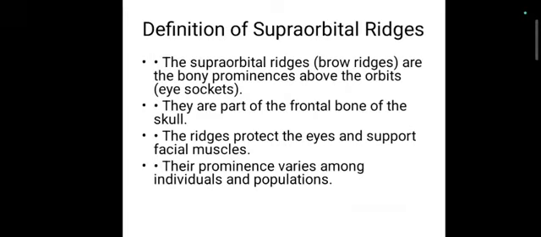So now we saw what supraorbital ridges are, where they are located, and why they come in forensic anthropology, because they are useful for identification.